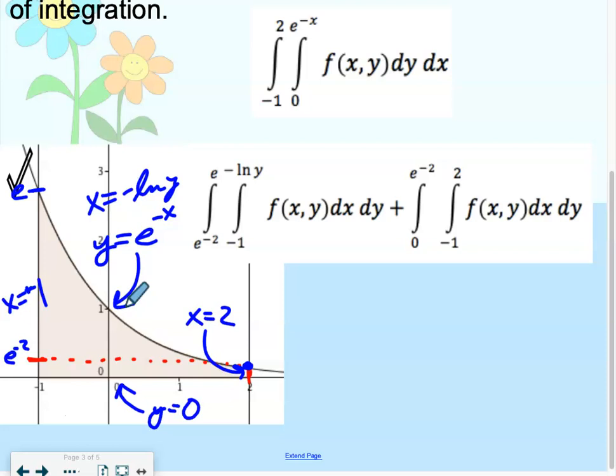However, there are times when converting to dx dy is to your advantage. One of the times, which you will learn and will be tested on, is if you hit a double integral and you have an integrand that you can't anti-differentiate with respect to whatever variable you've got.